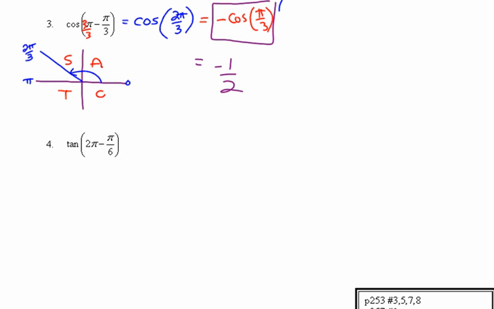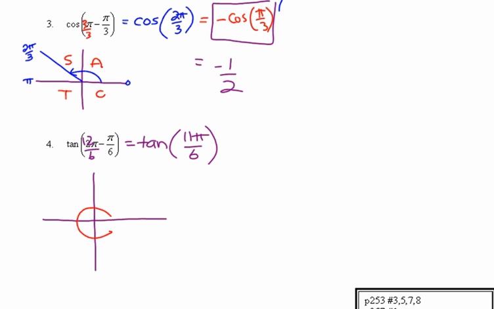Now, this one, what's 2 pi minus pi over 6? 12 pi over 6 minus pi over 6 is 11 pi over 6. Which quadrant will it land in? The fourth quadrant, right, because you're at 2 pi minus pi over 6.